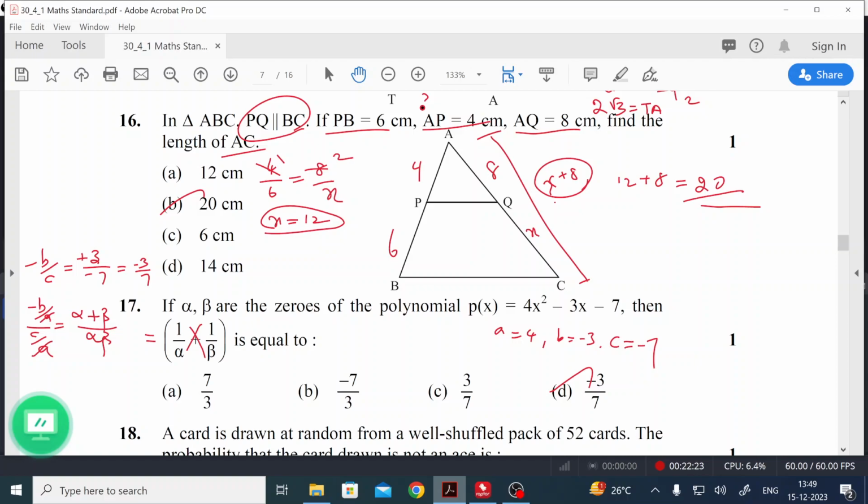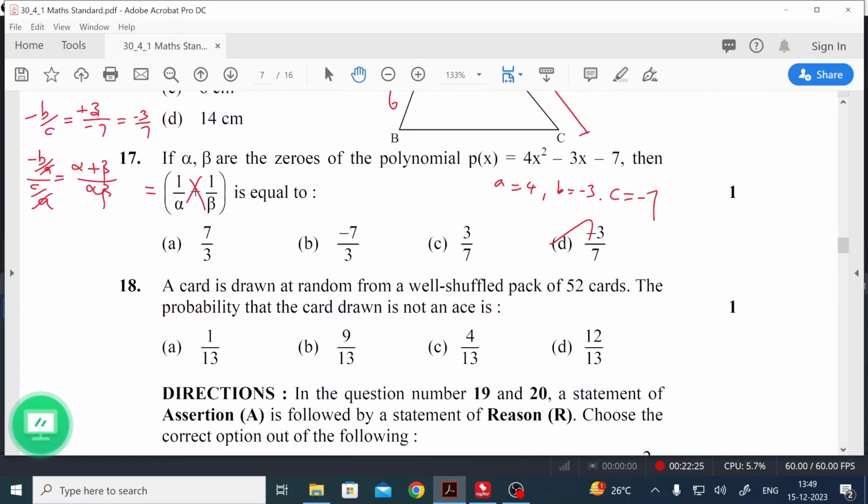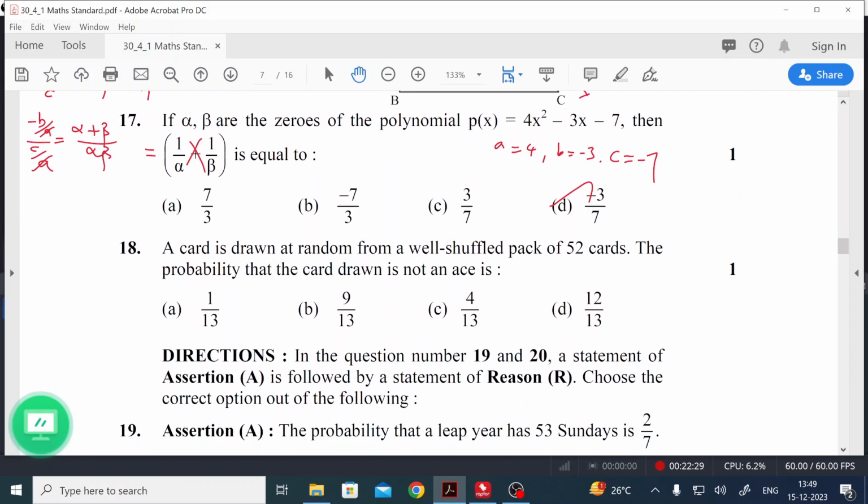Okay. Next, 18. A card is drawn at random from a well-shuffled pack of 52 cards. The probability that the card drawn is not an ace. So in the 52, how many ace cards are there in total? 4 cards. That's it. Not an ace, in the sense, from the 52 you remove 4, divide by 52.